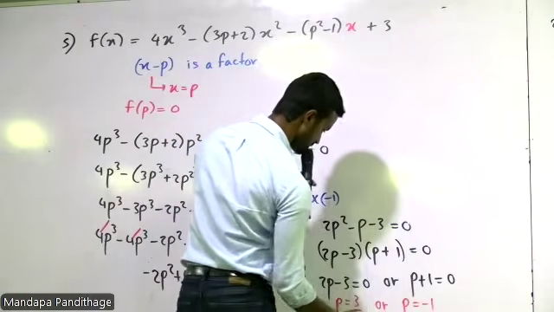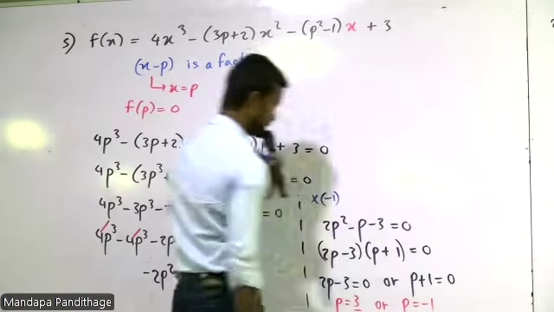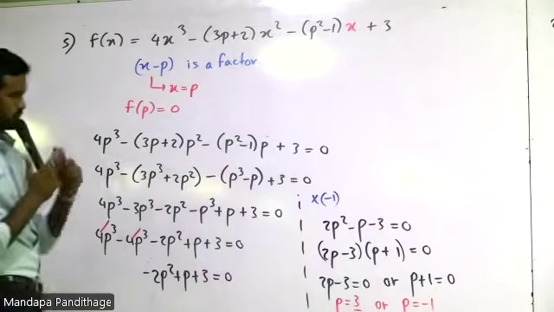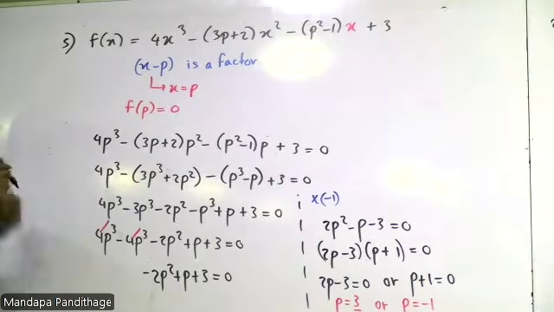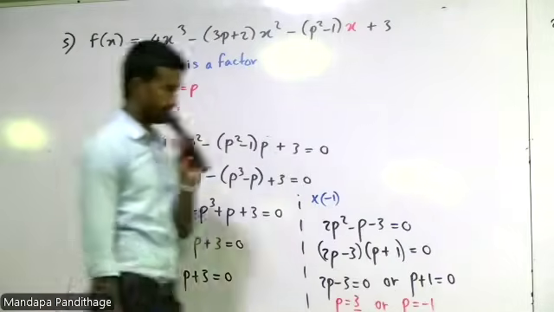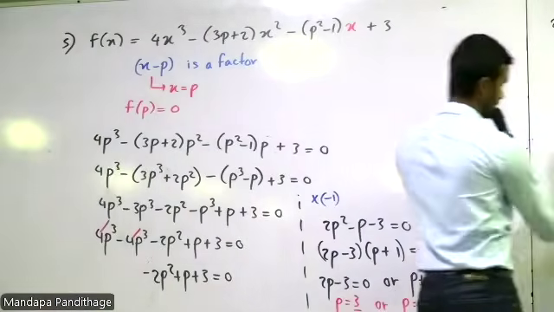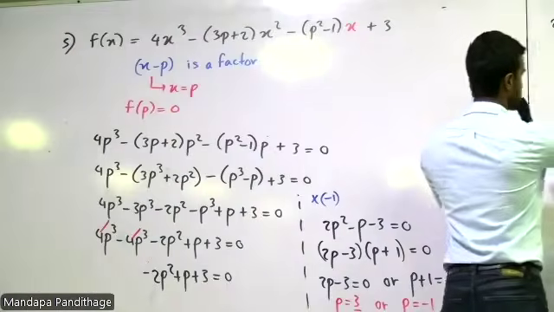I'm getting two answers. p equals 3 over 2 or p equals minus 1. Okay, so same thing, the substitution is not a difference. The only thing is how you substitute this.